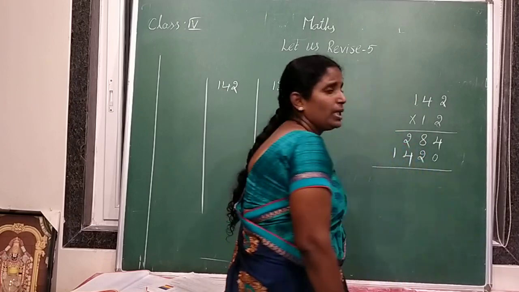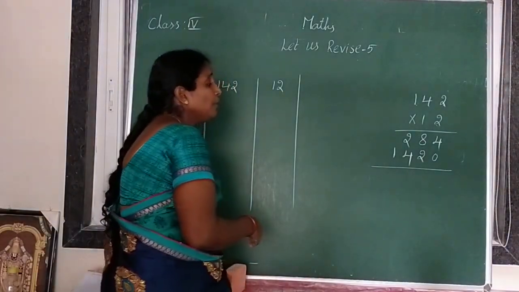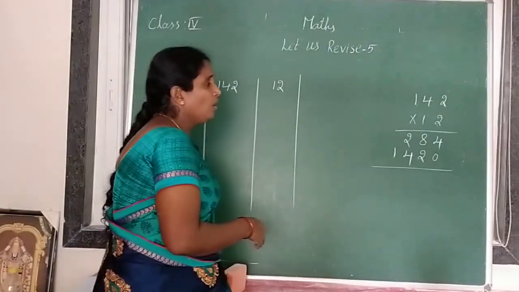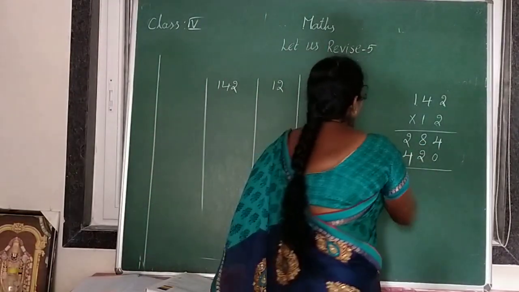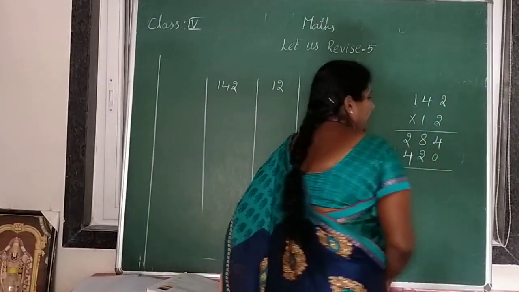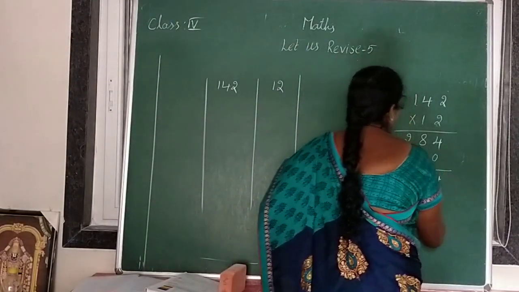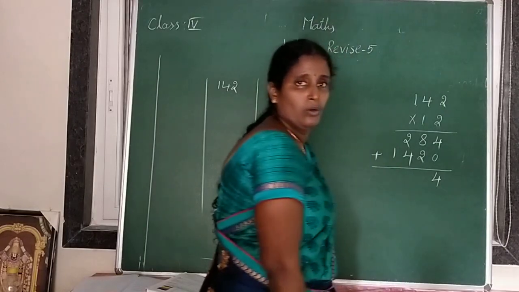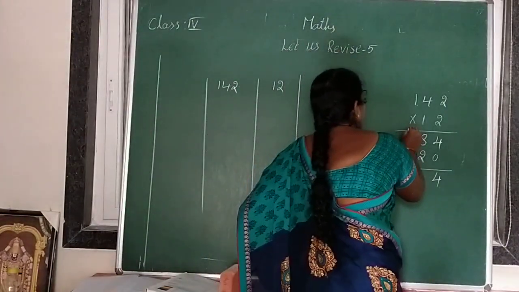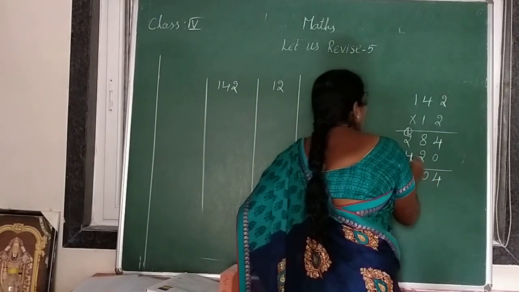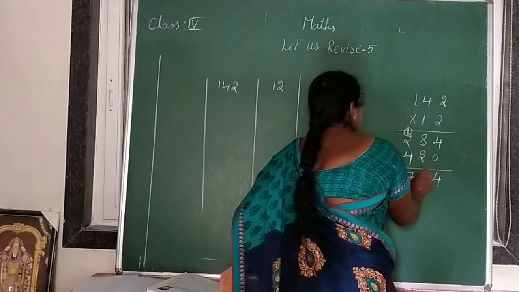So multiplication is nothing but repeated addition. Now we have to do addition. 4 plus 0 is 4. 8 plus 2 is 10, so 1 is carry over and 0. 4 plus 2 is 6, plus 1 is 7.